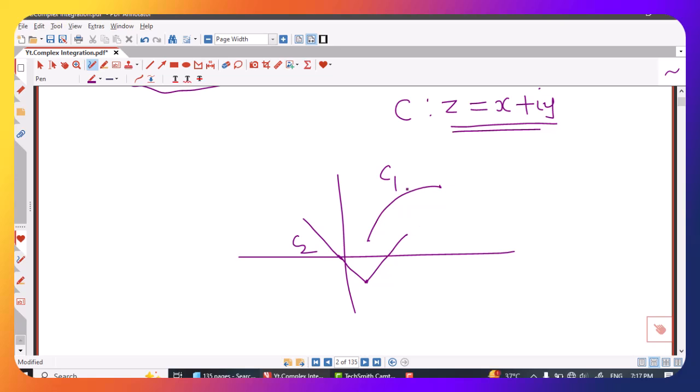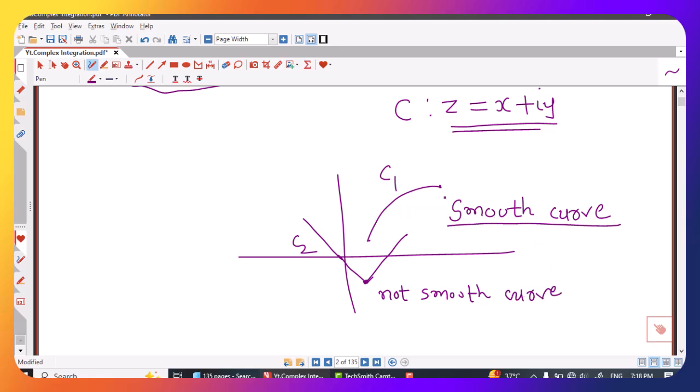So if there is no corner point of this type in our curve, then we will call that curve a smooth curve. And the curve which is having at least one corner like this is not a smooth curve. We are not going into the detailed definition of a smooth curve, but a smooth curve is one which has no corners inside it, and if our curve has corners, then it is not a smooth curve.